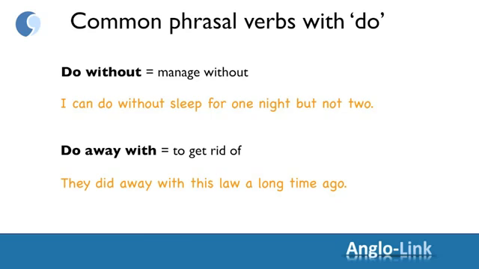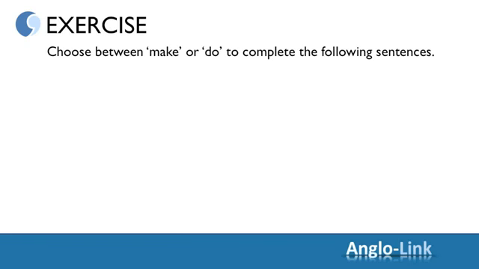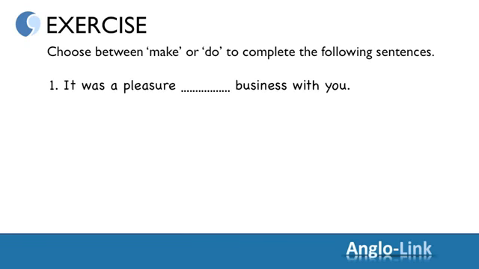Okay then, to finish off, let's do a quick exercise. Choose between make or do to complete the following sentences. Number 1. It was a pleasure business with you. It was a pleasure doing business with you.